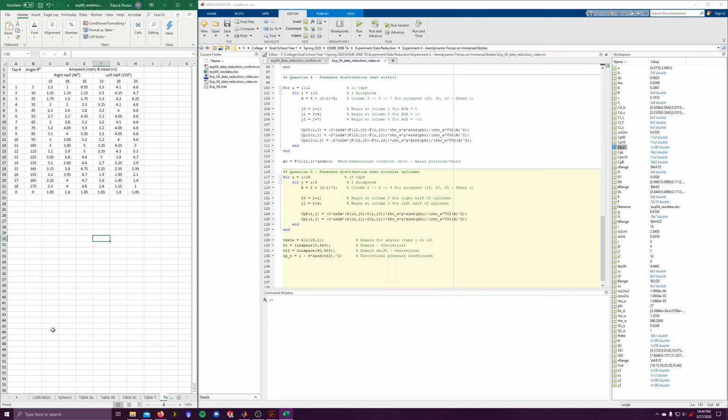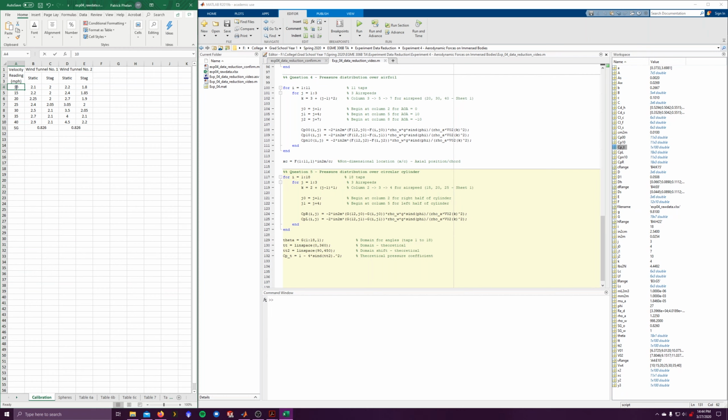So I need to get 15, 20, and 25. Let's start at 15. k equals 2 plus 1 minus 1 times 1, so k equals 2. We're going to start at 15, then we'll get 20, and then up to 25.